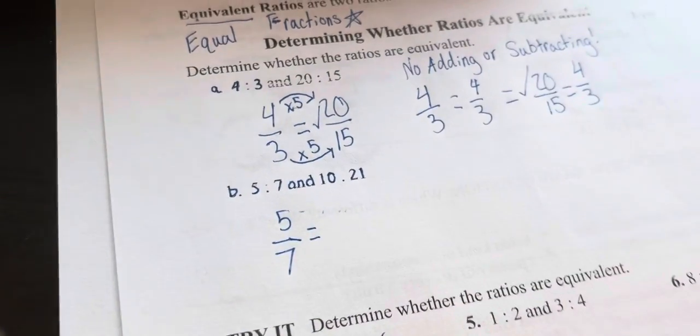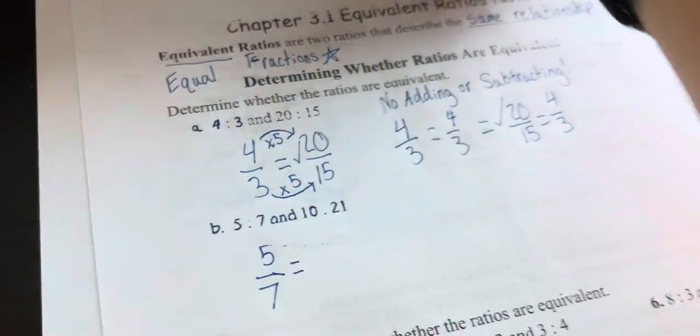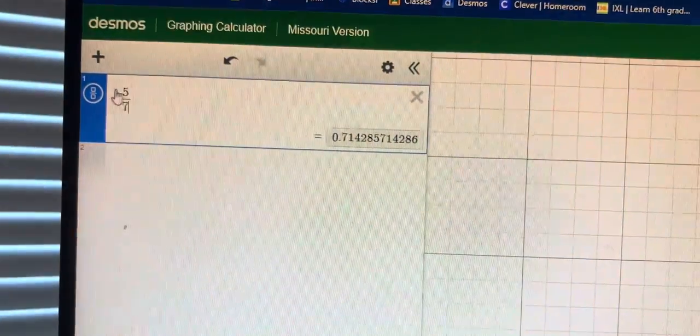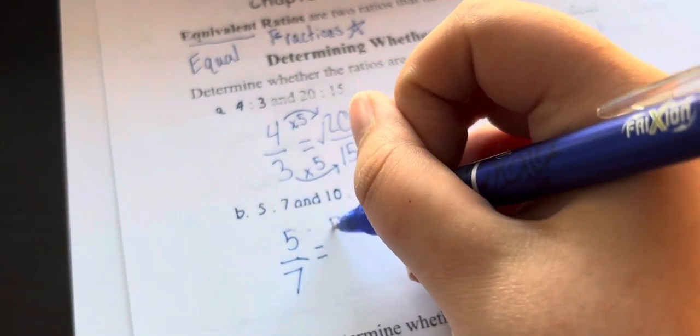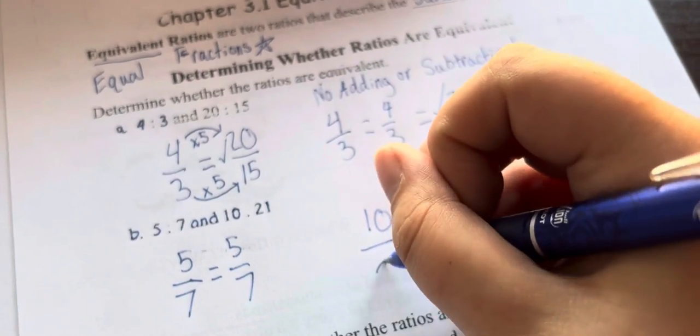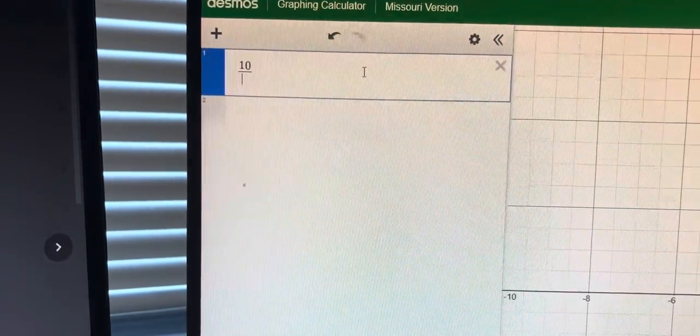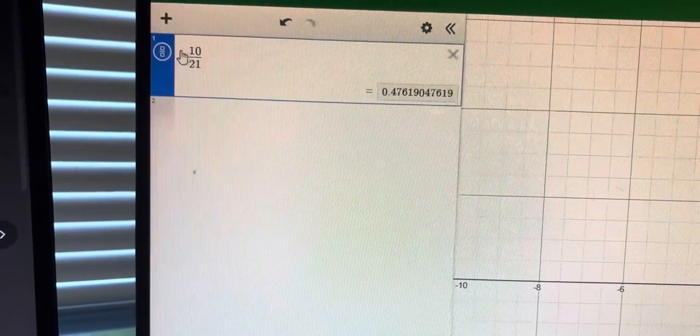So, 5/7. I'm going to type that into my calculator and hit the fraction button. 5/7. Then 10/21. Type it in and hit the fraction button.